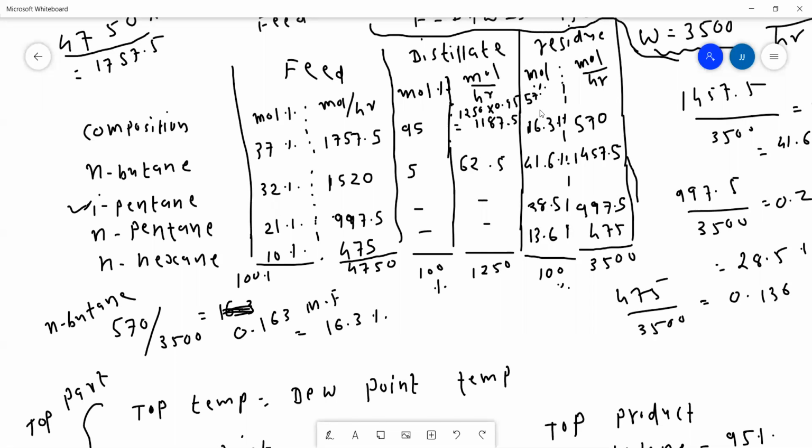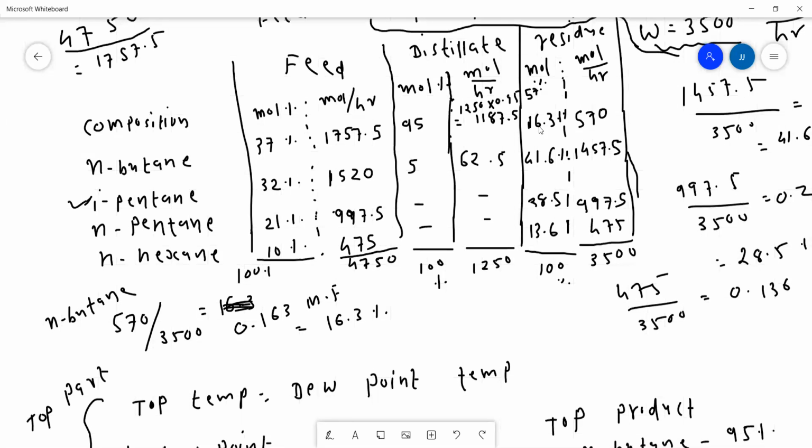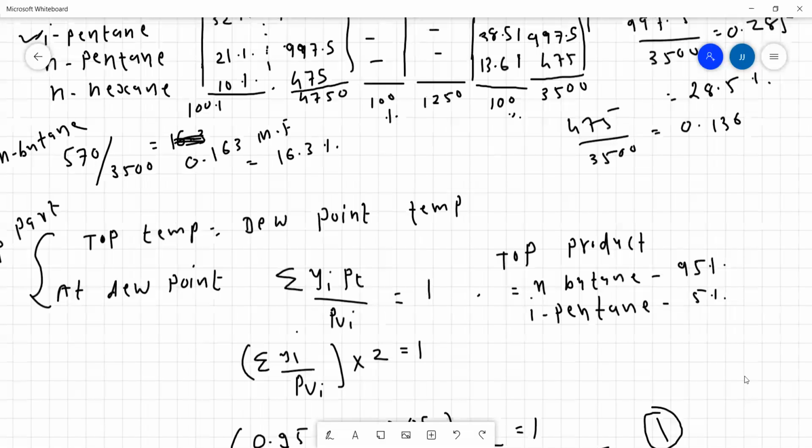These are the mole percent, so you divide by 100 and you will get the mole fraction. So I am putting this into this equation. Mole percent 16.3 means mole fraction 0.163, this is xi.